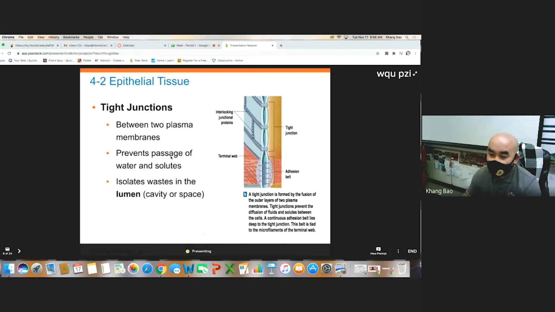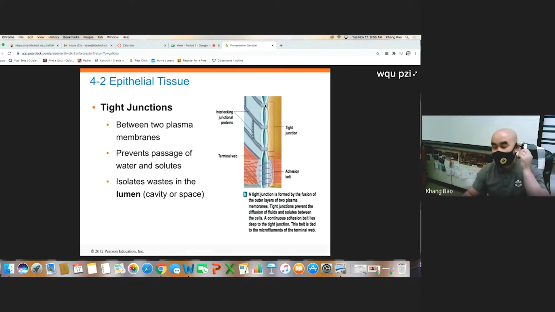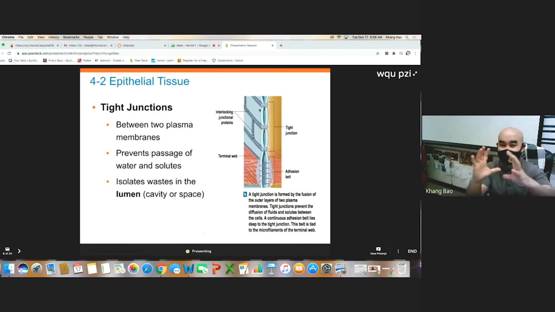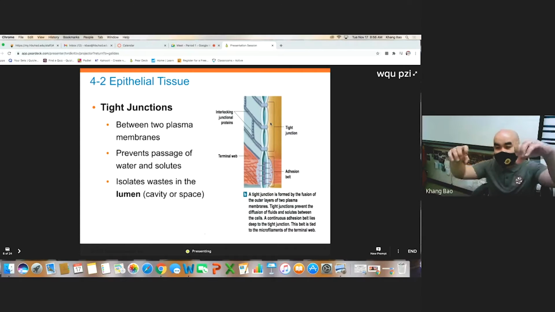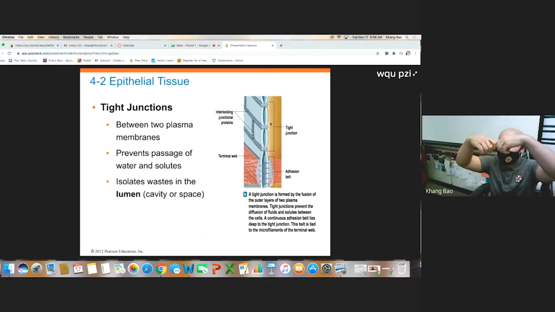Okay, the first thing is tight junction. Tight junctions are these spots, you see, tight, kind of like literally connected, between two plasma membranes. Plasma membrane is like the cell membrane. Remember, every cell has a cell membrane surrounding the cell, AKA plasma membrane. So a tight junction is when you have two epithelial cells and their cell membranes kind of connect.